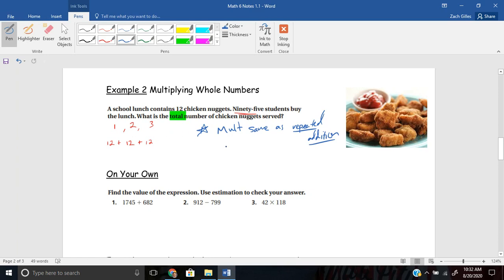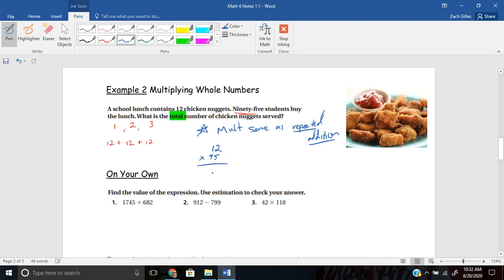Instead of doing that, I'm just going to take the 12 chicken nuggets that each student gets and multiply that by the number of students I have, and that should give me my total. Because repeated addition is the same as multiplication. Okay? There are 95 groups of 12, in other words.